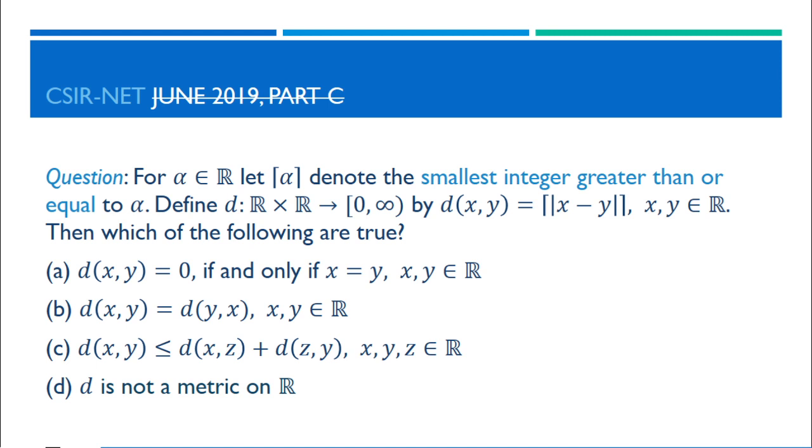So here, rho of, say, d of 0.2, 0.1 will be equal to the smallest integer greater than or equal to the absolute value of 0.2 minus 0.1, which is 0.1. The smallest integer greater than 0.1 is 1. So Karpagam, in that case that will be equal to 1, not 0.